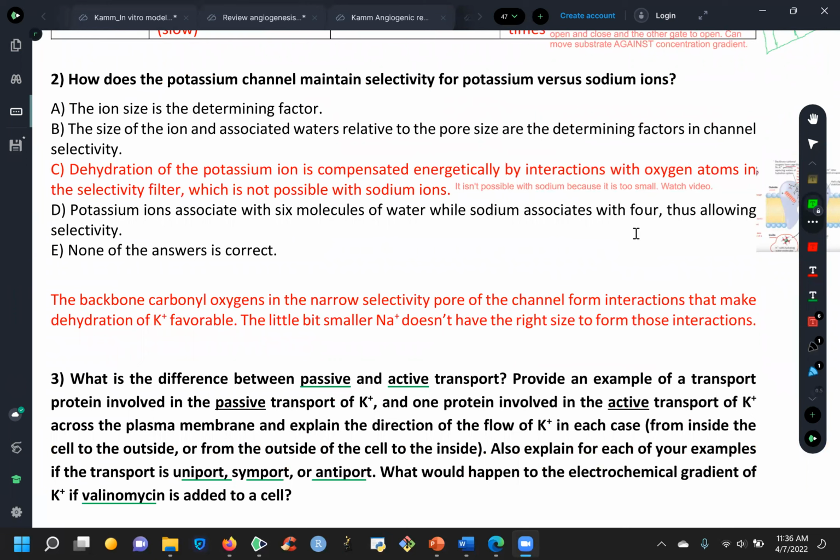Okay, so this is a really popular question for quizzes and exams. You have the potassium channel. And what happens is you have a little tiny potassium here. And potassium is hydrated, okay? What does that mean?